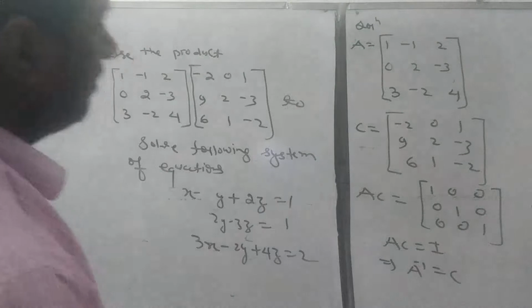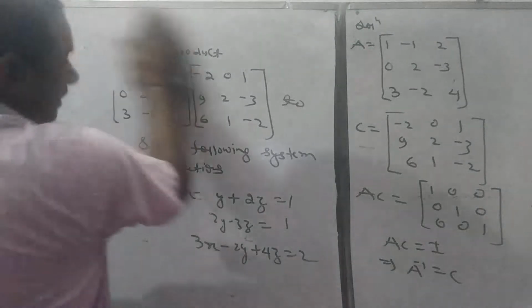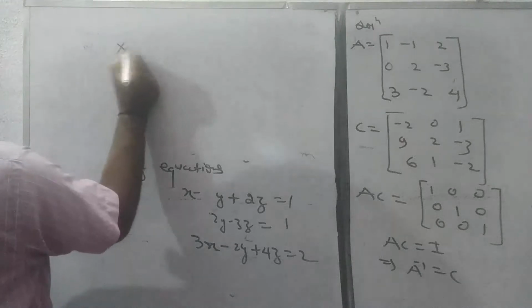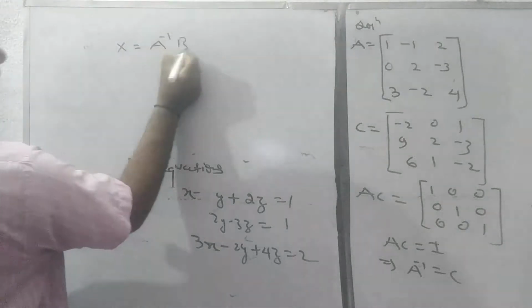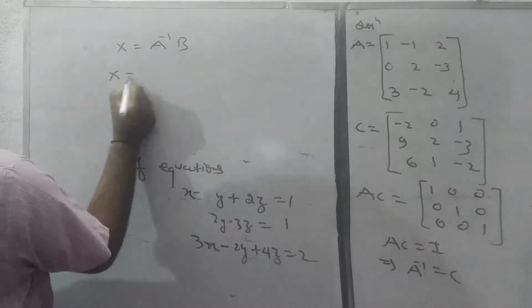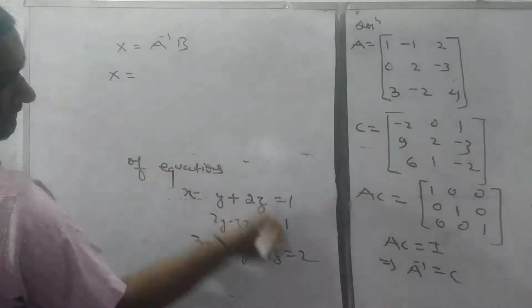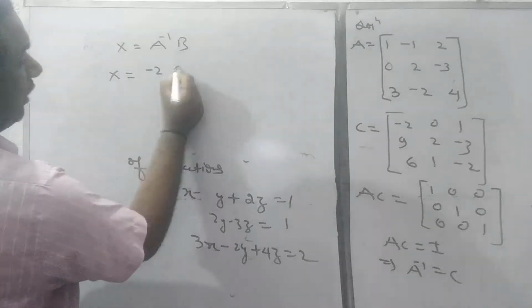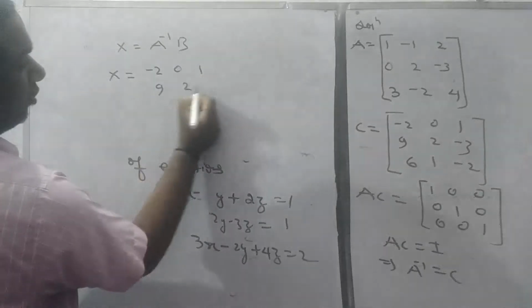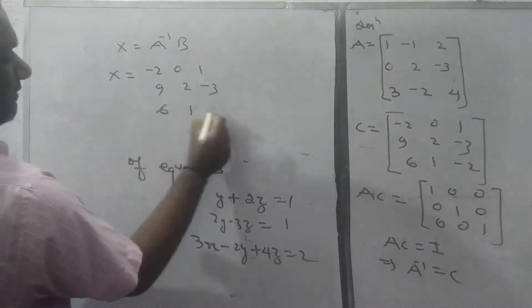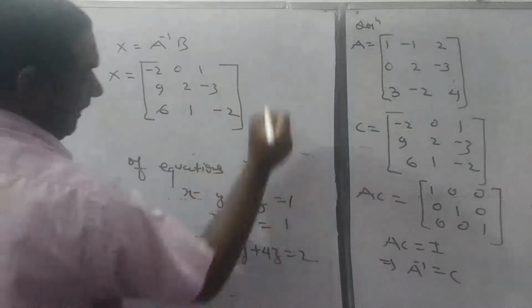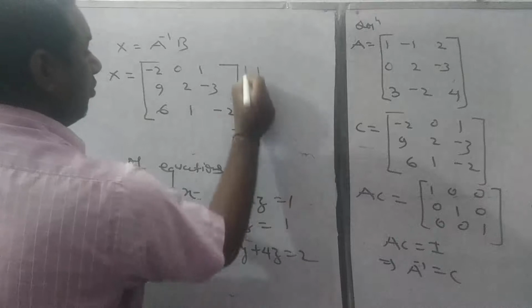Now we can write X is equal to A inverse B, where A inverse is equal to C, and the value of C is minus 2, 0, 1, 9, 2, minus 3, 6, 1, minus 2. This is A inverse, and B is 1, 1, 2.